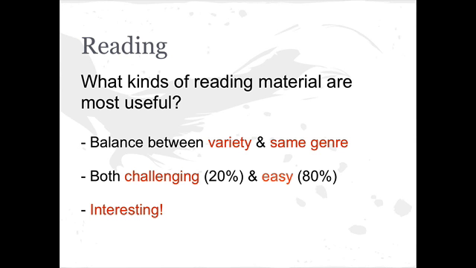Also, we recommend a balance between both challenging reading and easy reading. Finally, you should be choosing books or readings that are interesting for you. If it's not interesting, you won't continue.